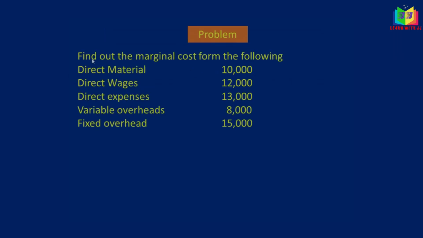Simple problem we'll see. Find out the marginal cost from the following. Direct material was given, direct wages, direct expenses, variable overhead, fixed overhead was given. Okay. And we saw that marginal cost is nothing but the variable cost. So this direct material is the variable cost, direct wages will come under that and direct expenses will also come under that.